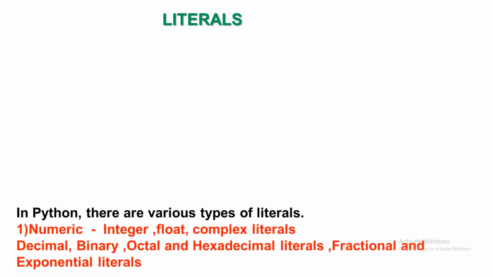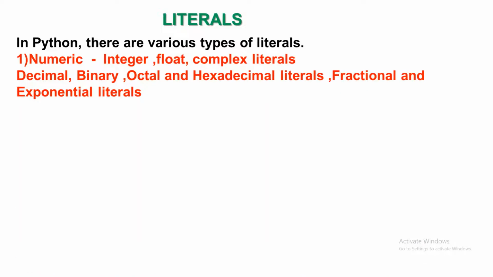Next, we'll see about the different types of literals in Python. A literal is nothing but raw data which is given to a variable or a constant. In Python, we have different types of literals. Number one is numeric literals, which are further classified into integer literals, floating point literals, and complex literals. Under integer literals, we have decimal, binary, octal, and hexadecimal literals.